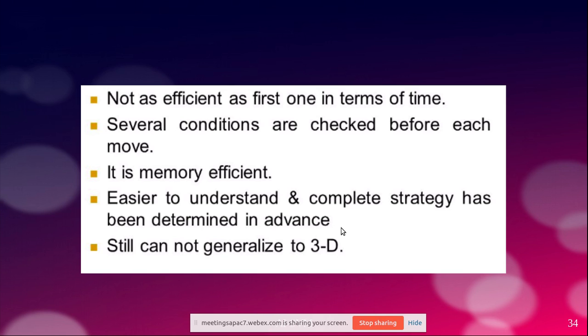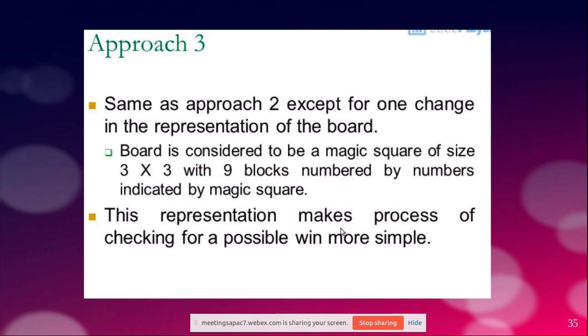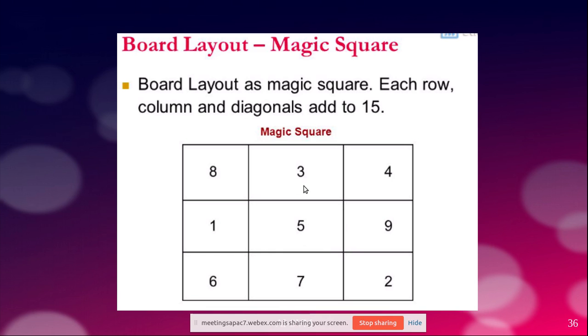Not that easy. Okay, then let us get into the next one, which we were talking about, a magic square. Let us use a magic square to continue with this. Yes, we have 5 more minutes to take up, so let me speed up. A magic square is one where numbers are filled in a 3 by 3 grid such that all the rows, columns, and diagonals, when you add them up, come to 15.